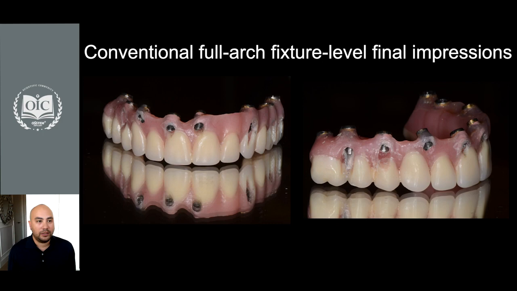I'm going to start first with a conventional full arch fixture level final impression. As you can see, in this case no multi-unit abutments were utilized, so even removing an internal prosthesis could take several times.